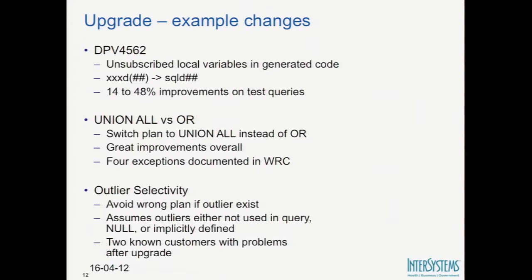A fairly simple change for us, but all the tests we've run showed at least 14 to 48% improvement in execution speed, right? That's kind of an idealistic scenario, all the data is cached, but the point is there is no way this change would harm the performance of your system. If anything, this change would be beneficial for you.